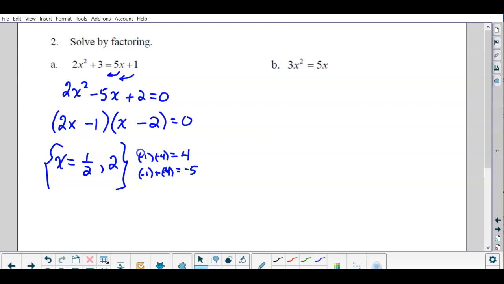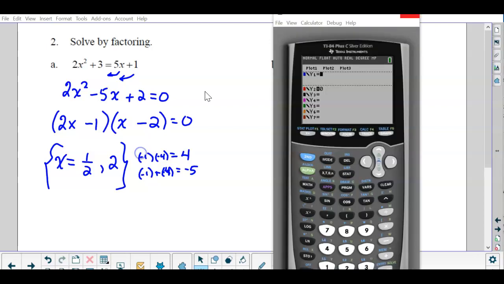If you wanted to check, I'd probably go from the second version, when you're looking for your x-intercepts, because remember, this is the corresponding function. You're graphing y equals 2x squared minus 5x plus 2, and let me do a standard screen.